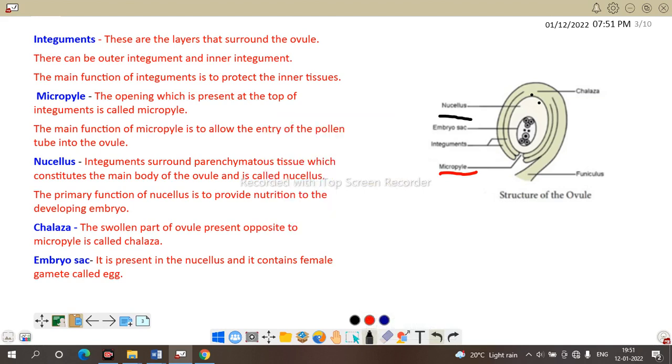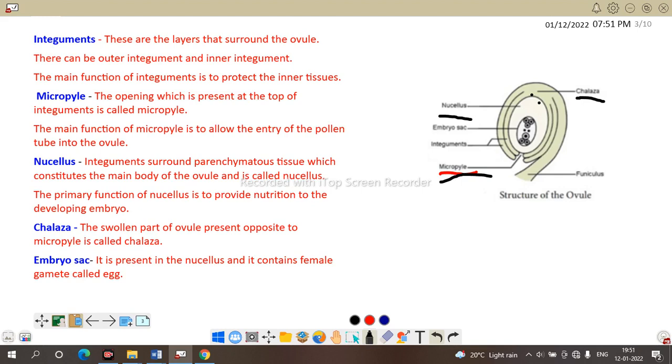Next is chalaza. Just opposite to the micropylar end, there is another end of the ovule which is called the chalaza. Here is the micropyle and here is the chalaza.